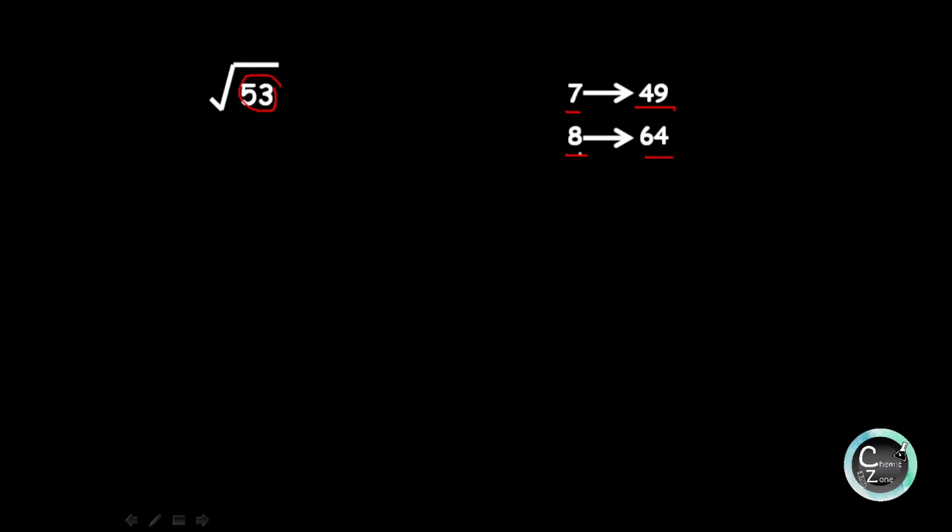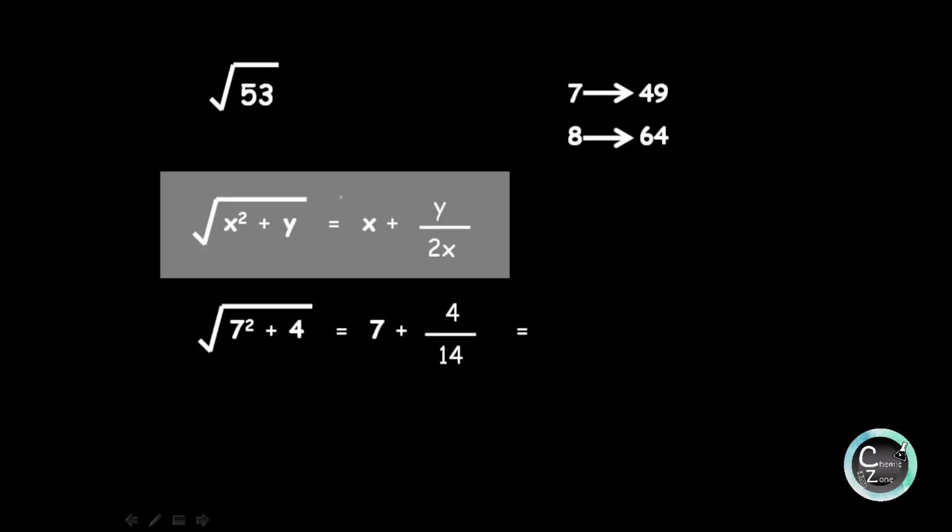Now using this formula, here x will be 7. How will it be 7? 7 square is equal to 49, and 49 plus 4 will be 53.